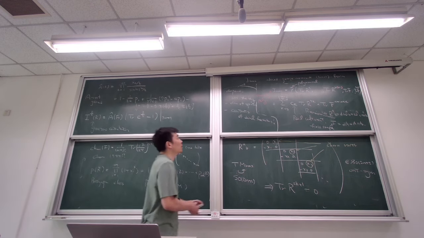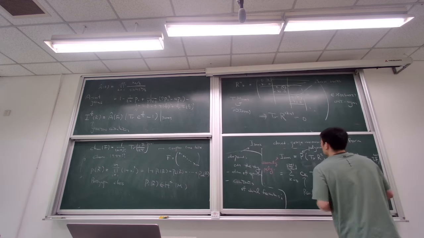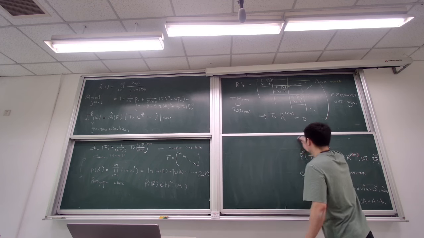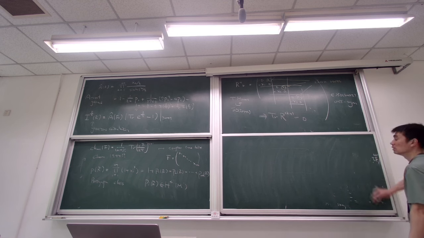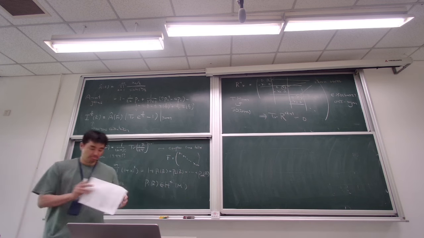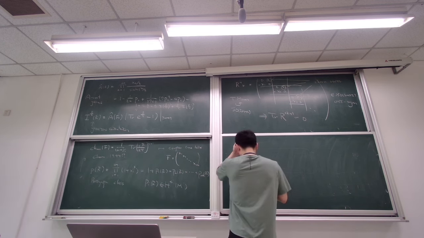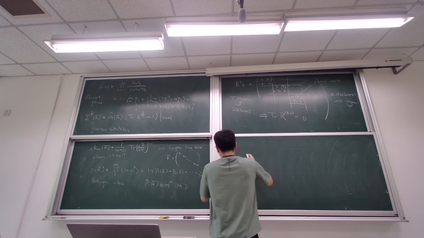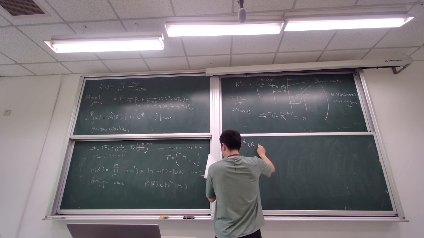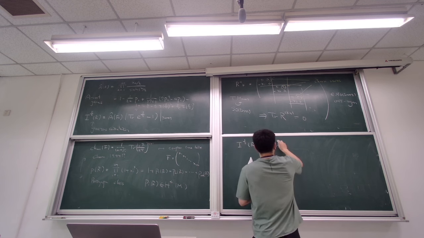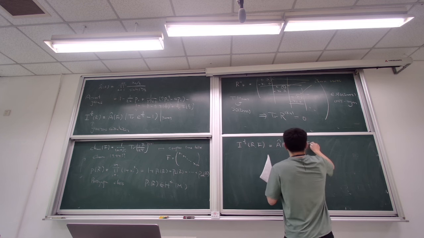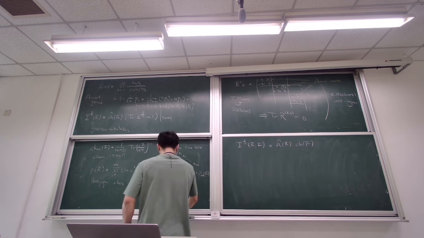Moreover, I 1/2 of R and F is given by the A-roof of R times the Chern character of F. Sorry, let me write it down like this.